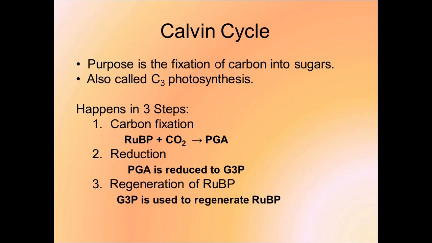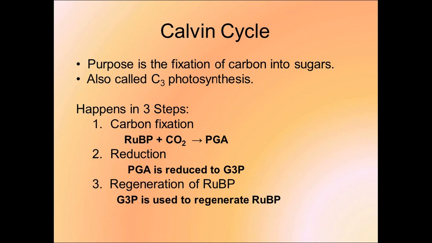The other G3Ps will be held until the process is repeated. It takes 3 CO2 molecules to create 1 G3P molecule. So that means this process has to happen twice. 2 G3P molecules will be added together to create 1 6-carbon glucose molecule.